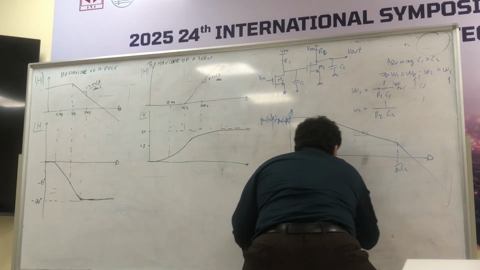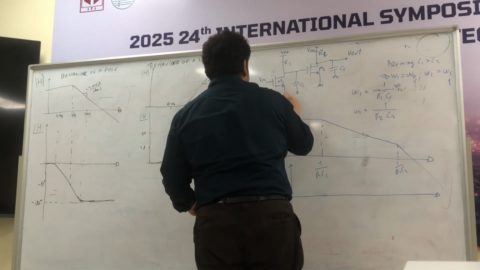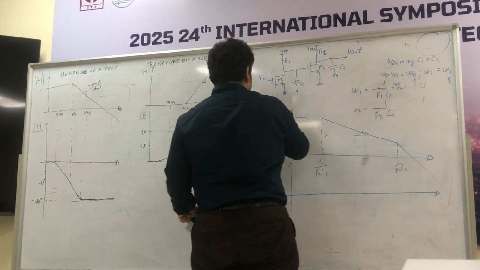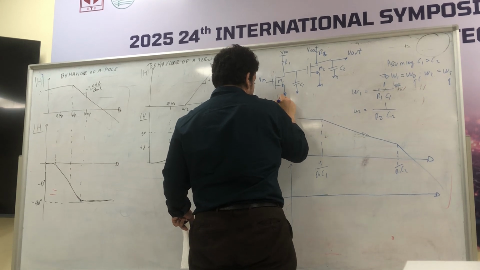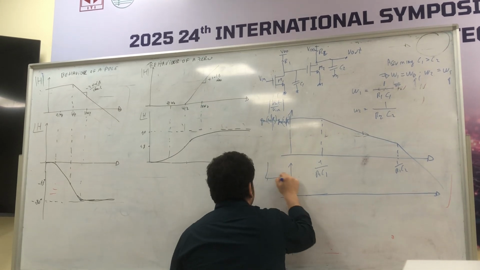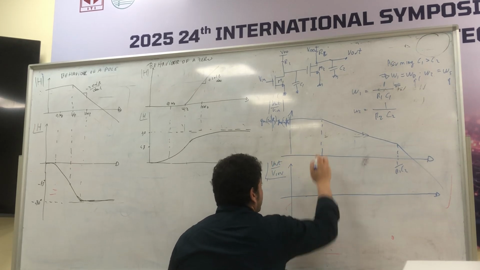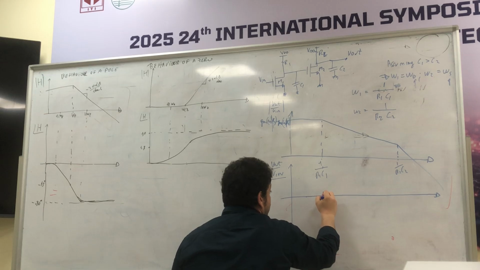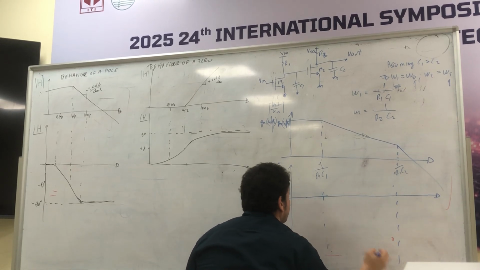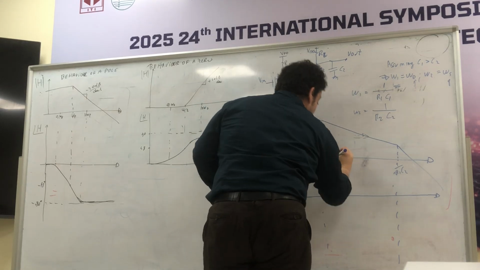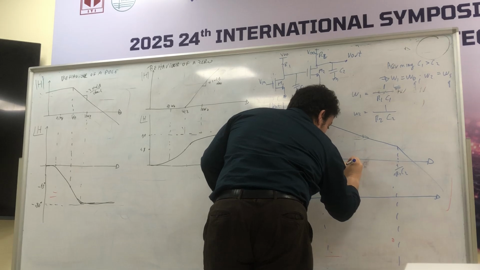So here, this is the module of Vout over Vin. This is the phase of Vout over Vin. Okay. What do we have? Here I have the first pole. Here I have the second pole. This is omega d.